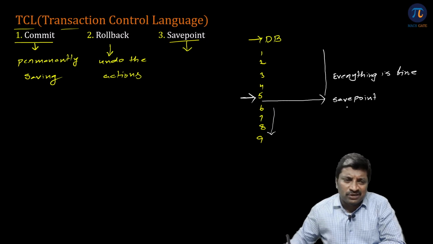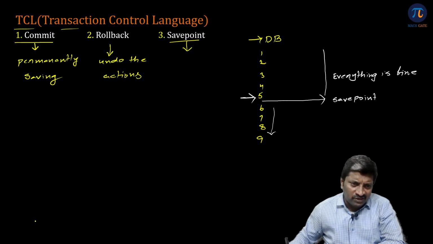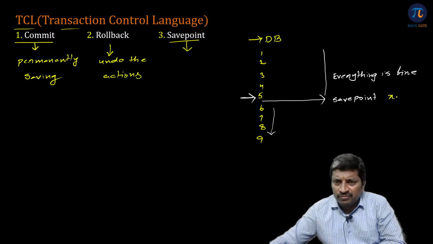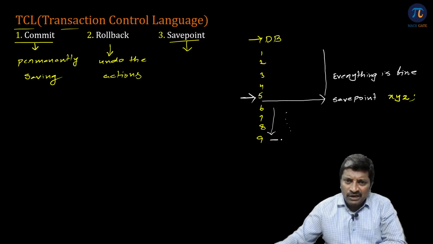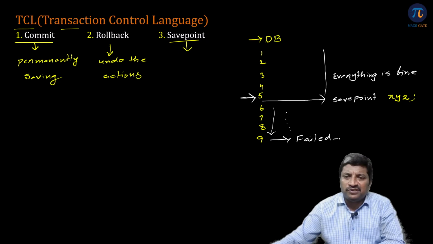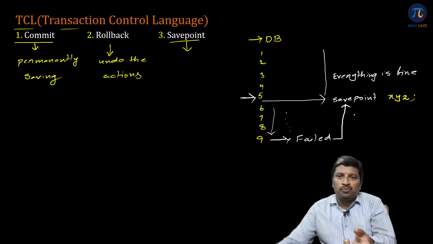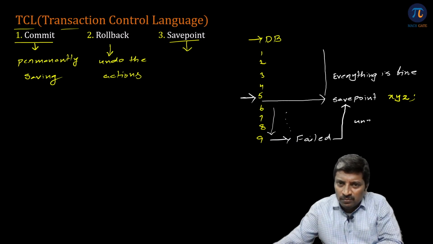Here you can give some names, sir. Suppose for the save point you gave the name XYZ. Then you do those experiments. At that time you thought that the experiment failed. Whenever the experiment fails, I want to undo the actions till the previous save point. So undo 6, 7, 8, 9.